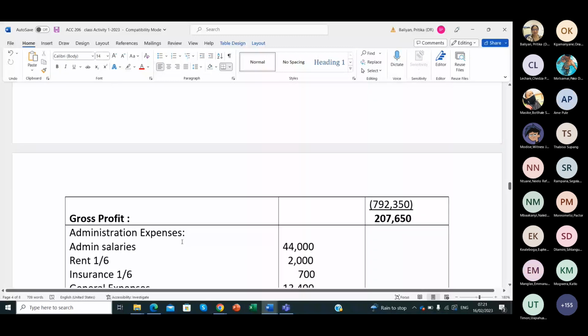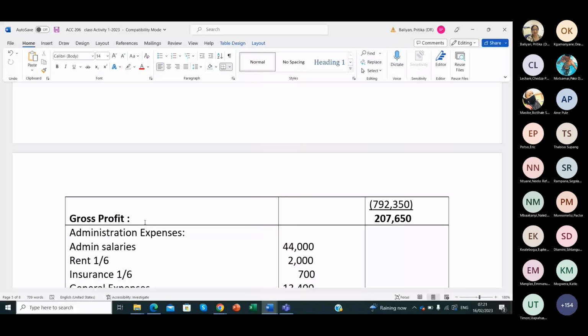Because as you remember, gross profit is always the difference between the sales revenue minus the cost of goods. So here we are subtracting the cost of production, including the goods which were already made by the business. That's how we calculate. Okay.